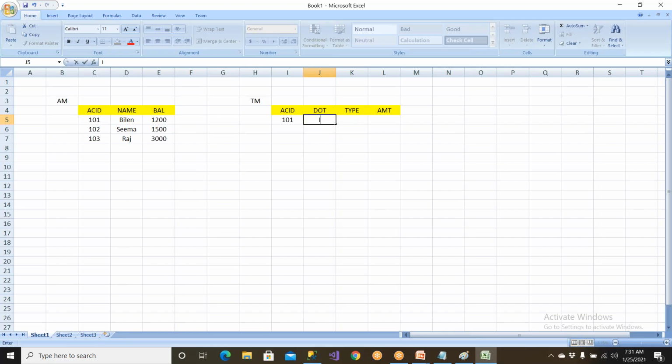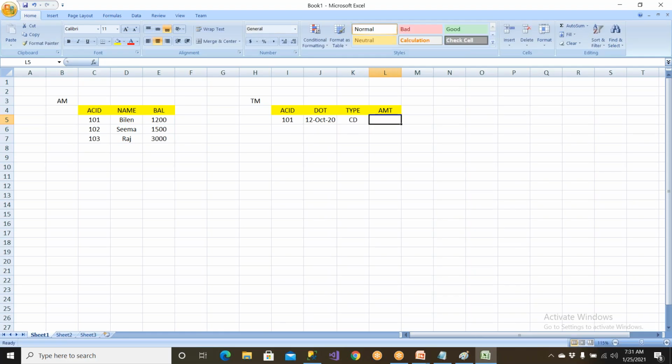So 101, say October 12th, 2020, deposited 1,200 cash, something like this. 102, Seema, on the same day or the next day, deposited, let us say, 2,000. Then on the 17th, she withdrew, let us say, $500. And this guy did not do any transaction, so the amount is zero.